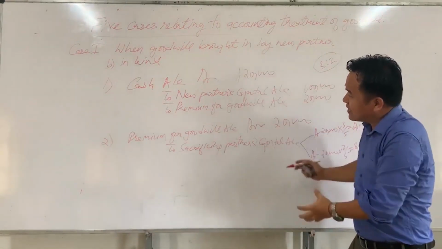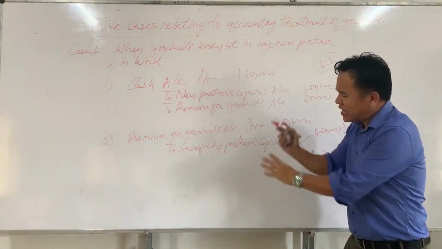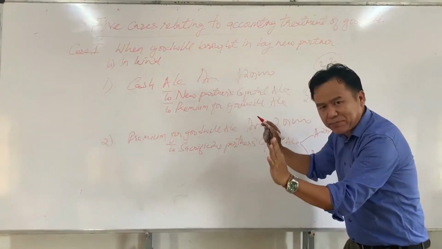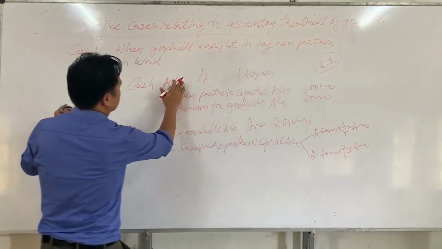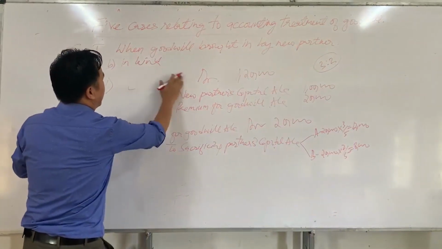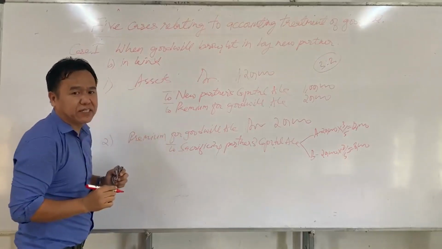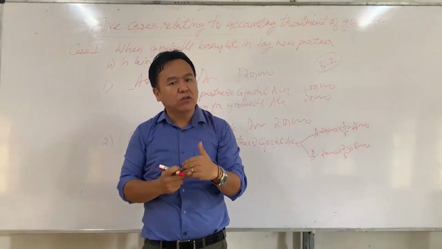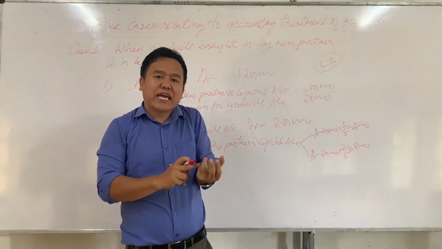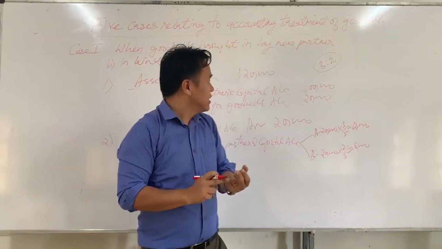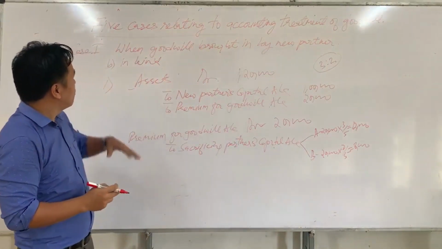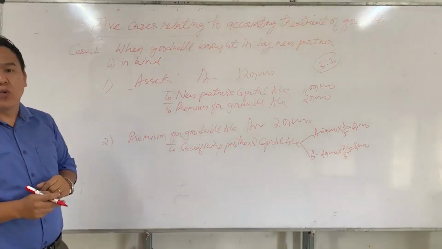We have to pass same journal entry. Nothing will change except we have to write here assets instead of cash, because new partner has brought assets towards his capital and goodwill. Is that clear for you? Now we are done with case number 1.